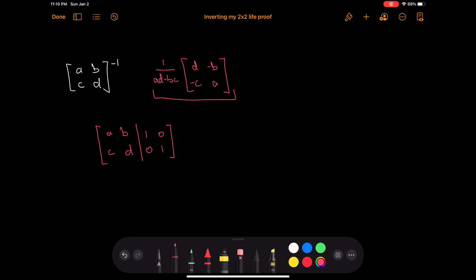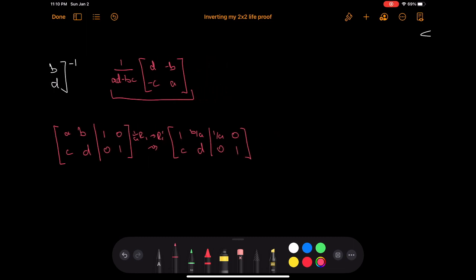So what we can first do is divide the first row by A, which gives us our leading one. We will have, of course, B over A. And the second row just remains the same. And then on the right we have 1 over A, and then 0.